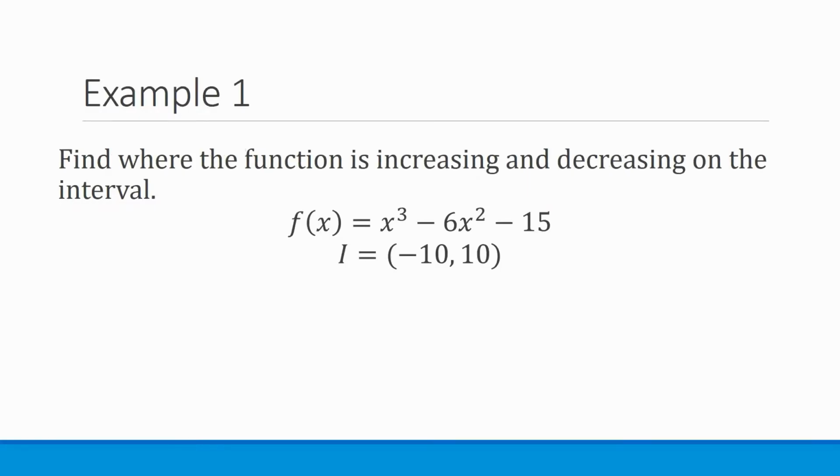Example 1 asks us to find where the function is increasing and decreasing on the given interval. The function is f of x equals x to the third minus 6x squared minus 15 on the interval from -10 to +10.